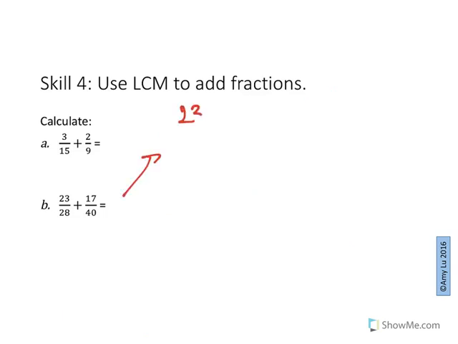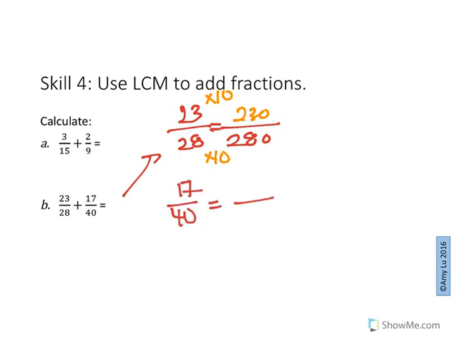So let's do this. I want 23/28 to have 280 on the bottom, meaning I have to multiply everything by 10. So this will give me 230 over 280. Then 17/40, I need 280 on the bottom, which means I have to multiply everything by 7, which means this should be 119.